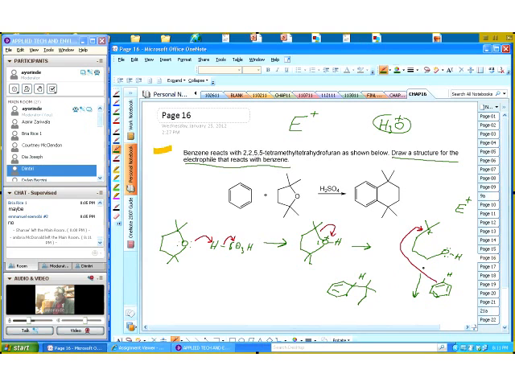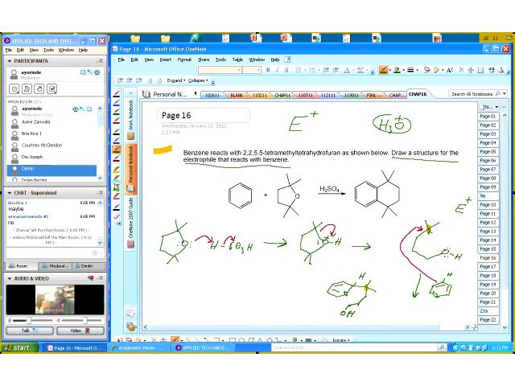Okay, so now we have this carbon, which is this here, another carbon here, which is this here, another carbon here, which is this here, and then you have the OH. Okay, so let us do this right. This carbon is this carbon right here.